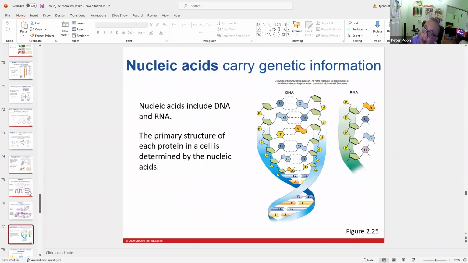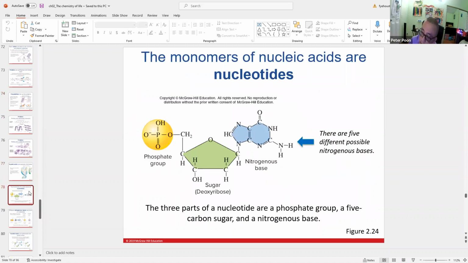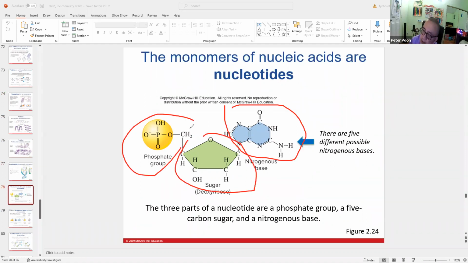Nucleic acids carry genetic information. So nucleic acids are either made out of DNA or RNA. The monomers of nucleic acids are nucleotides. There's always 3 parts to the nucleotide: a nitrogenous base, a sugar, and a phosphate group.